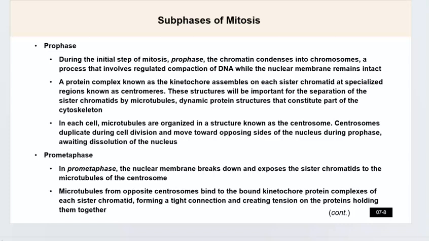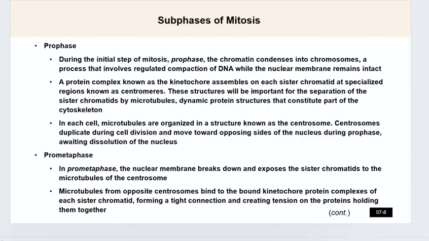And these structures will be important because remember, those sister chromatids will pull apart, and that's what actually causes the separation. Okay, but at this point, they are assembling on the sister chromatid. In each cell, the microtubules are now organized in a structure known as the centrosome. And the centrosomes duplicate during cell division and move towards opposite sides, right? Because they know they're about to be split apart. But in prophase, the nuclear membrane remains intact.